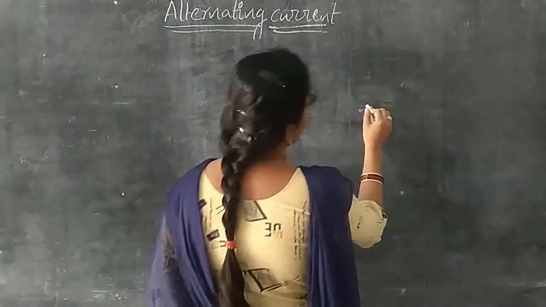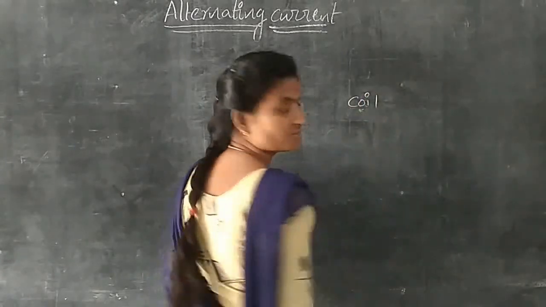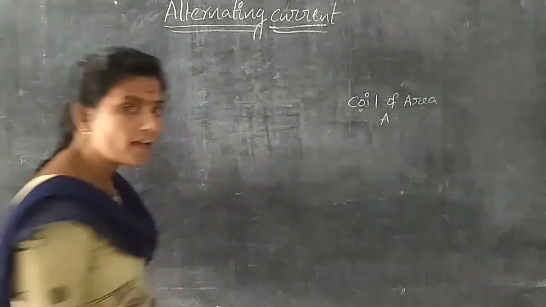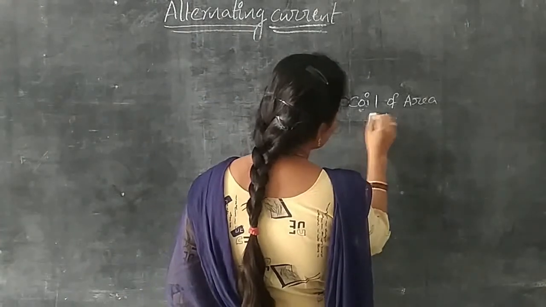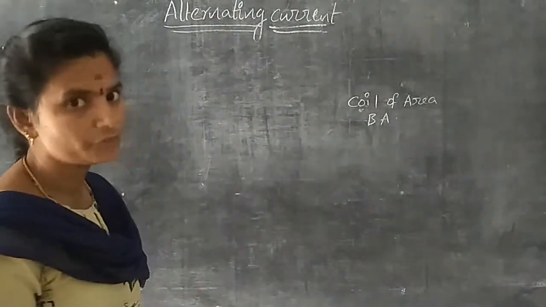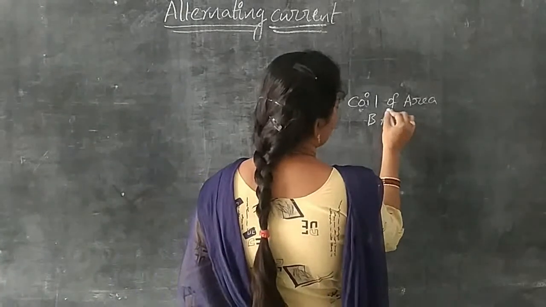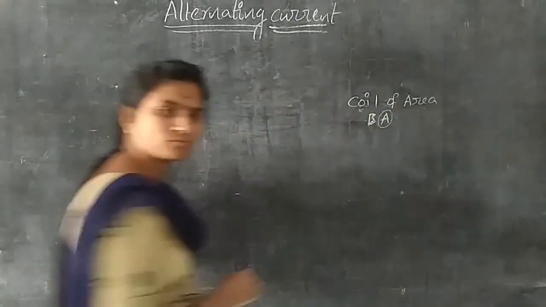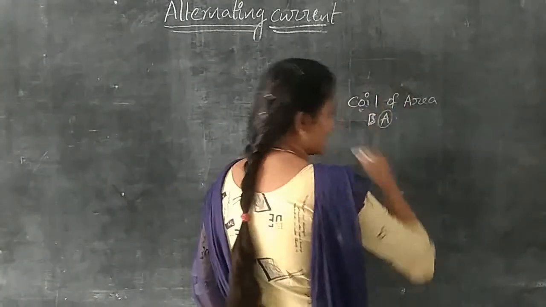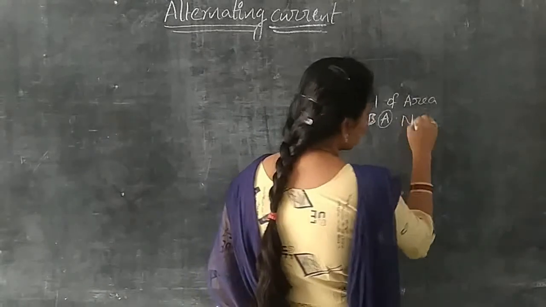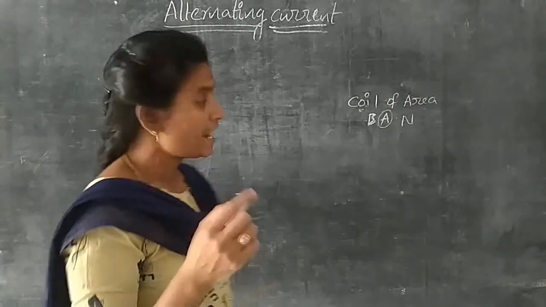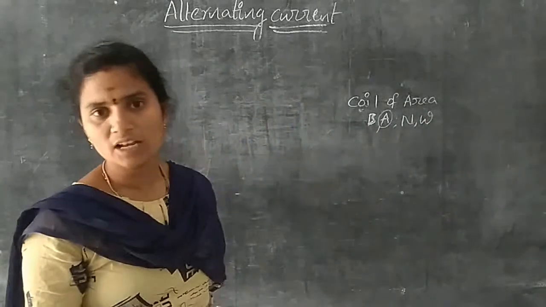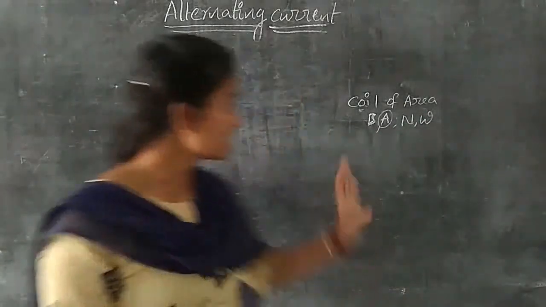Consider a coil of area A which is in a magnetic field B. Suppose the coil contains n number of turns and the coil rotates with angular velocity omega.